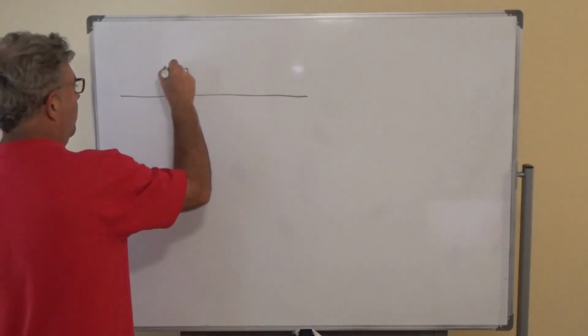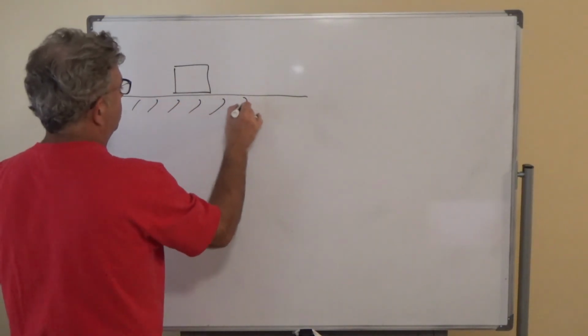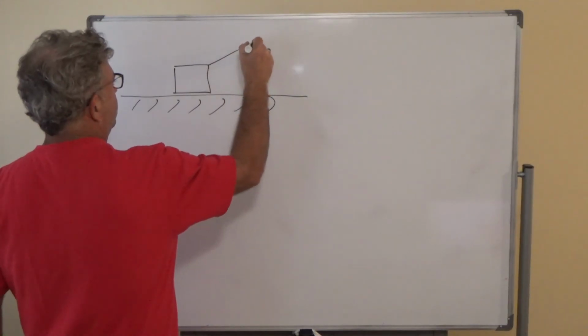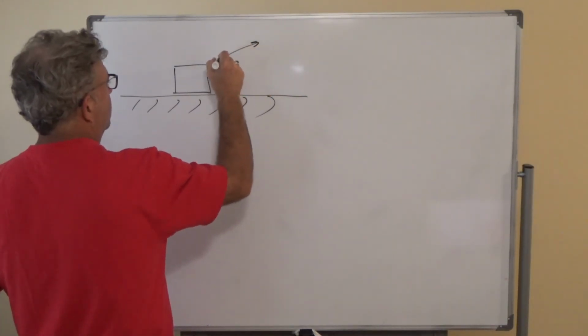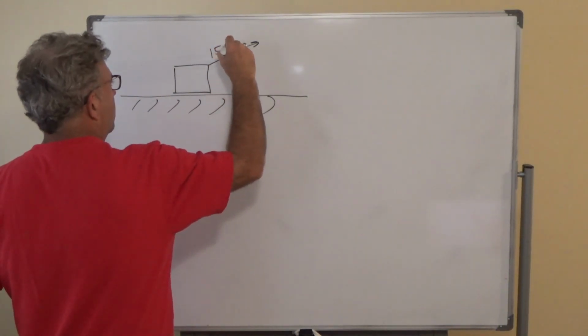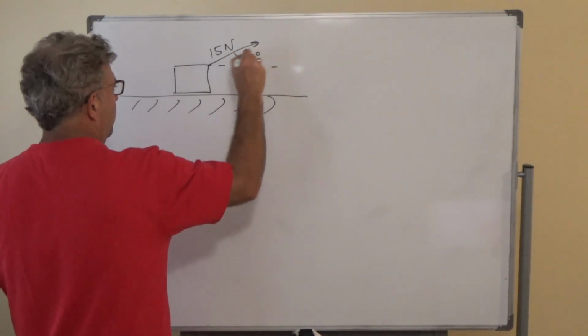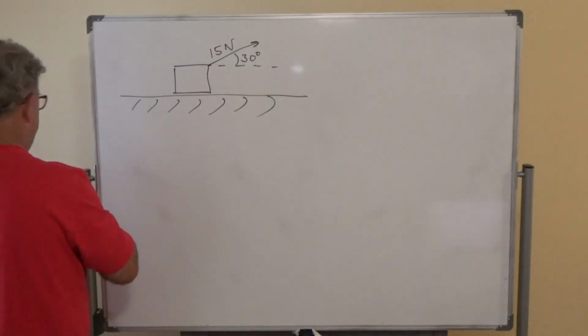Here's an object on a frictionless surface. Here's a force. This force is 15 newtons, and this angle is 30 degrees. All right.